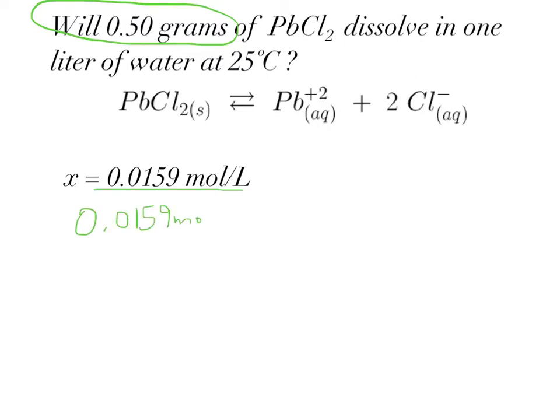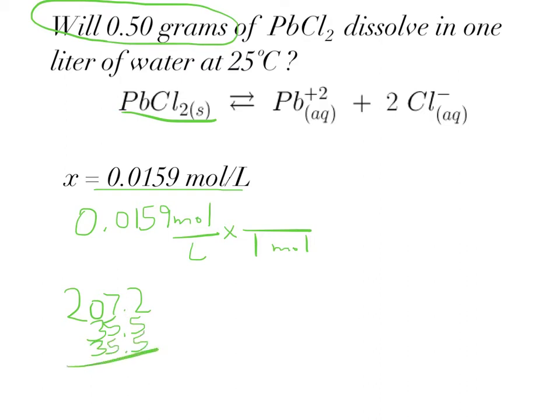0.0159 moles per liter. 1 mole, again we're talking about PbCl2, so that's 207.2 plus 35.5 plus 35.5, which is 278.2 grams.